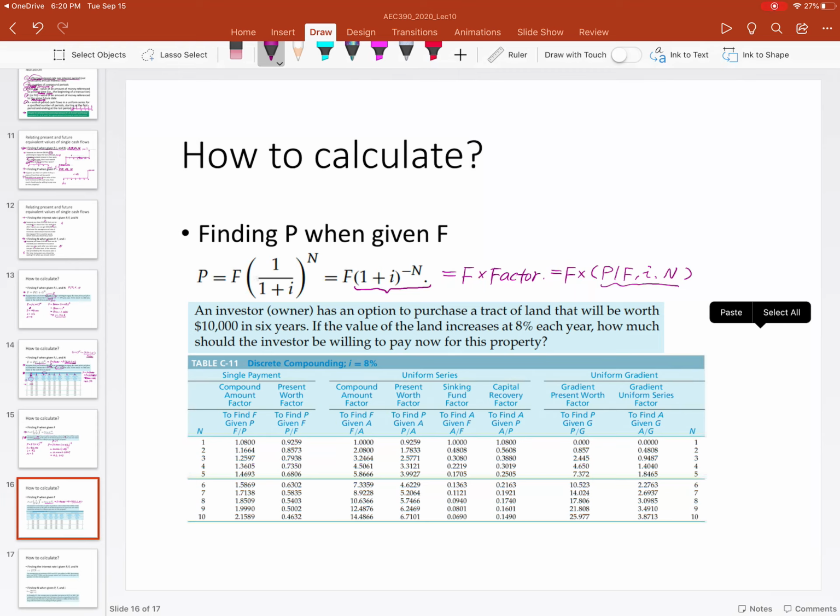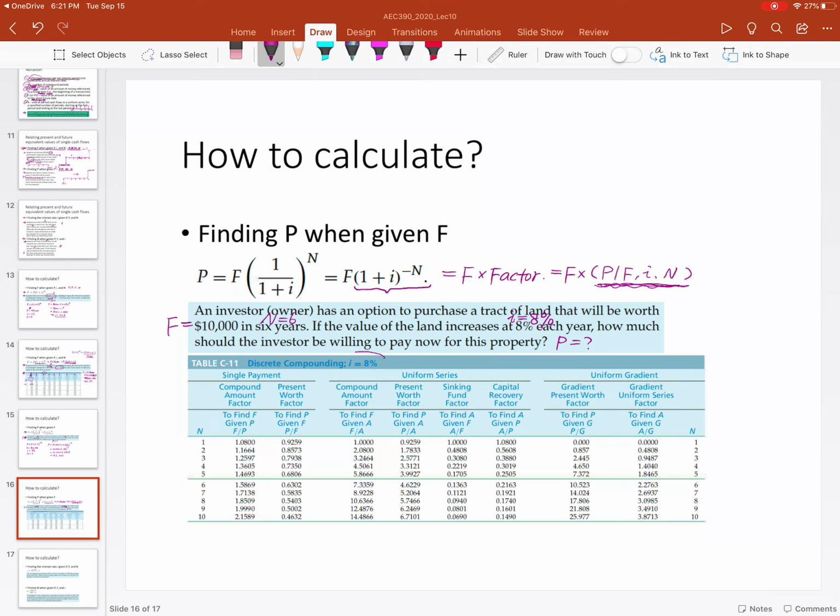Okay. So let's use this example, the same example of buying a piece of land. Okay. So here you have future value given, which is 10,000. N is 6. Interest rate I is 8%. And what you want to find out is the P. Okay, so in the table method, you want to find out the factor for this problem.